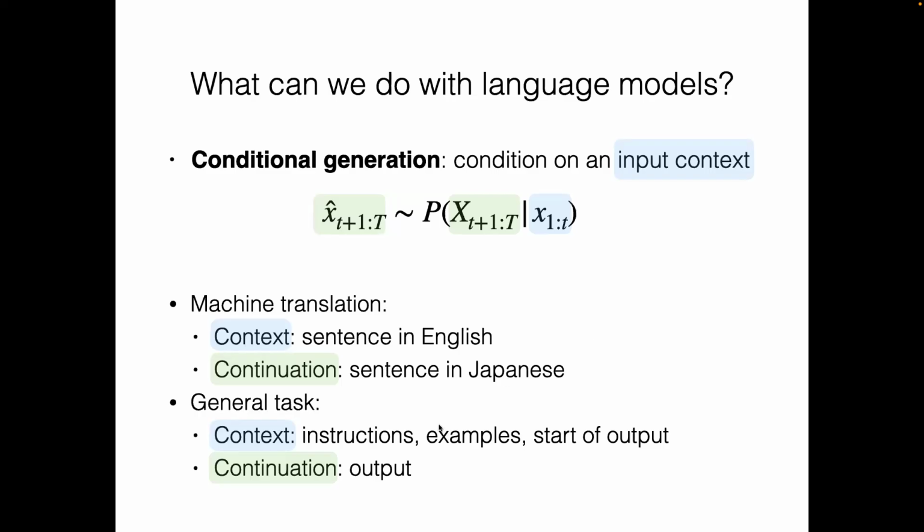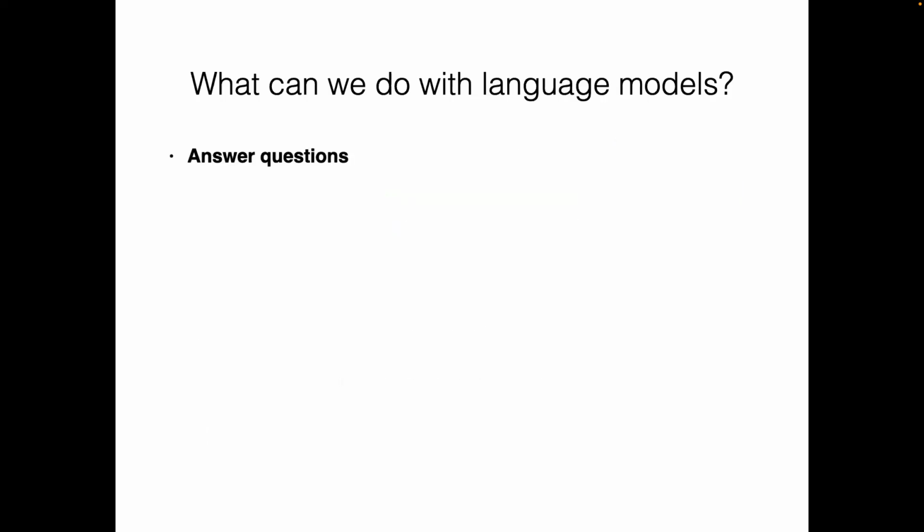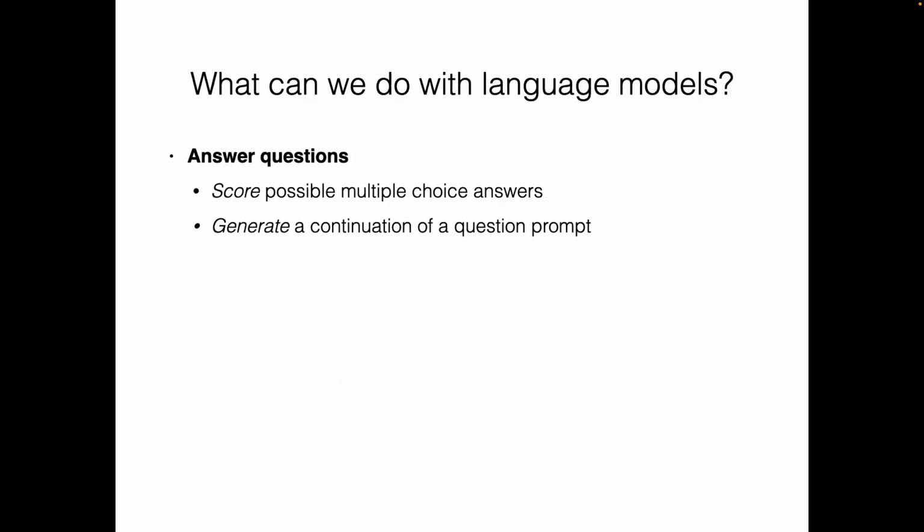Okay, so throughout the course, we'll see different examples of doing this, what I mean by instructions, what I mean by examples and so on. But right now we're just considering the fundamentals and the basics. So again, given all this, you can do different things like answer questions either by scoring possible answers or by generating. If you can train these well, then it actually subsumes what we talked about in the previous class because you can just use a language model to do classification.